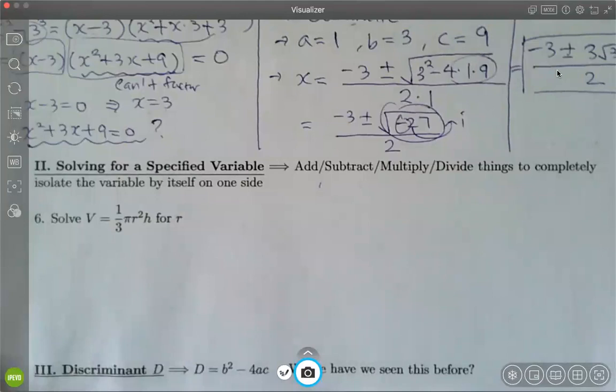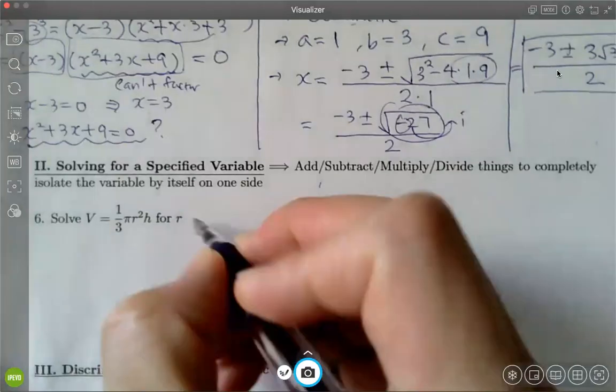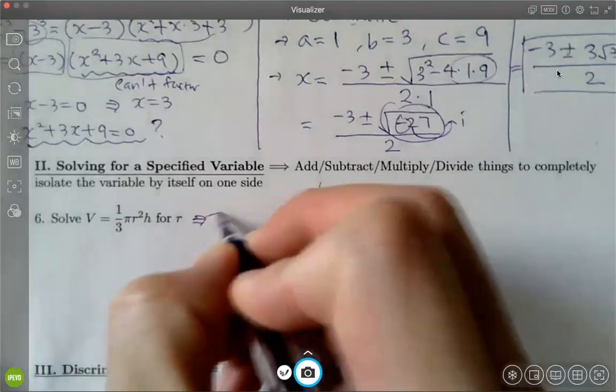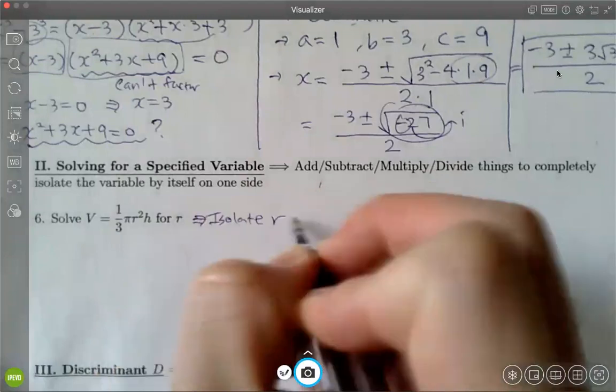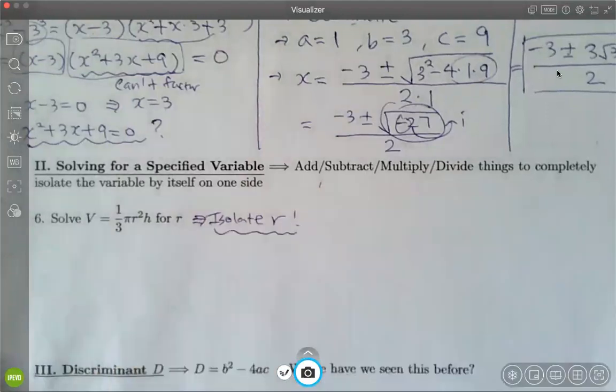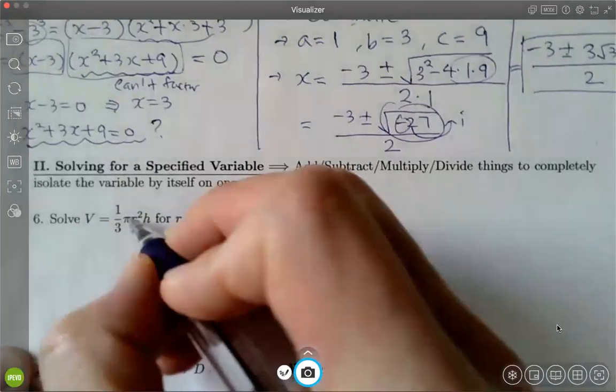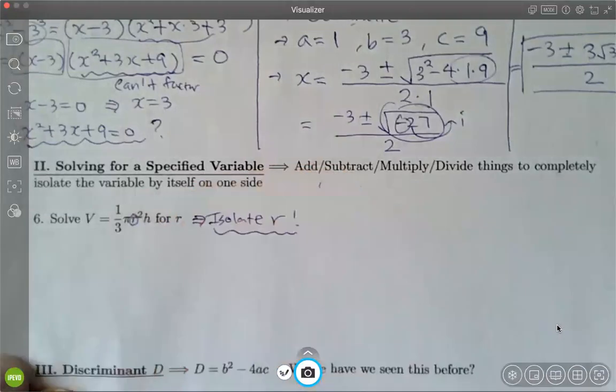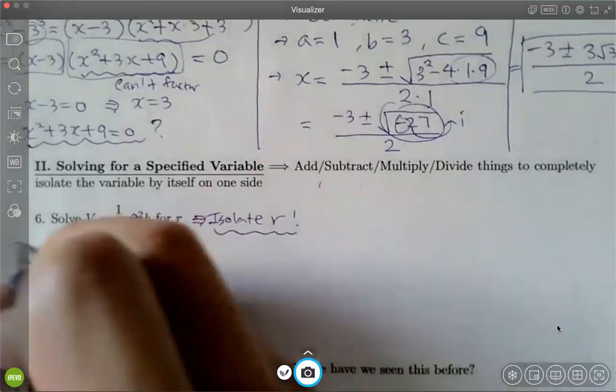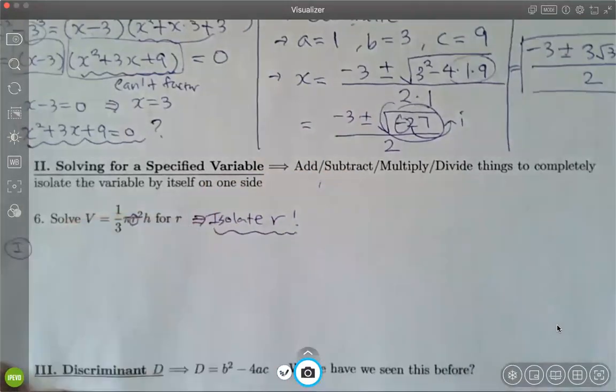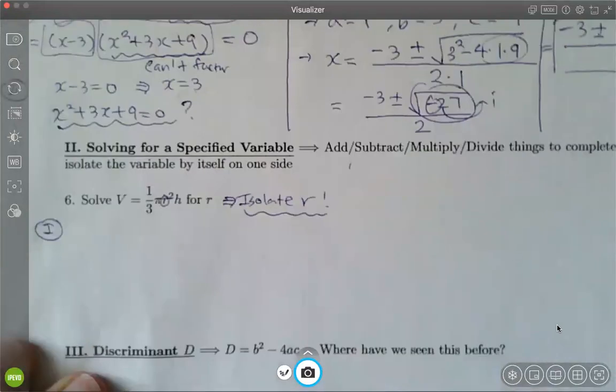So what's your goal here? Isolate r, by itself. Where is r? It's right there. So what do we have to do first?